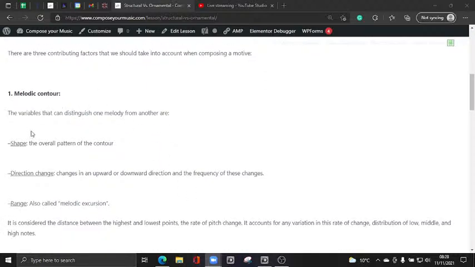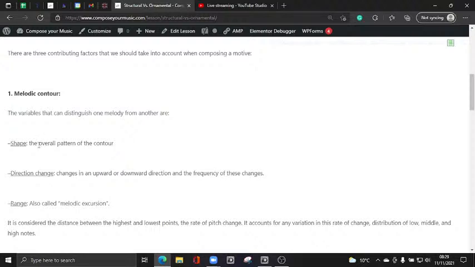Melodic contour: the variables that can distinguish one melody from the other are, I mean, we saw the melodic contour last lesson, I think. Shape: the shape of the melody that we saw last lesson, when we have the melodic archetypes.